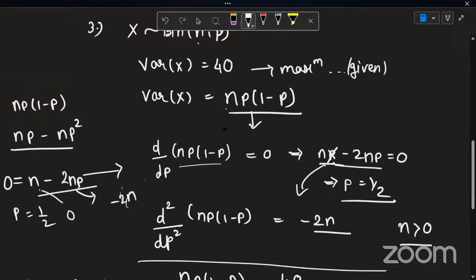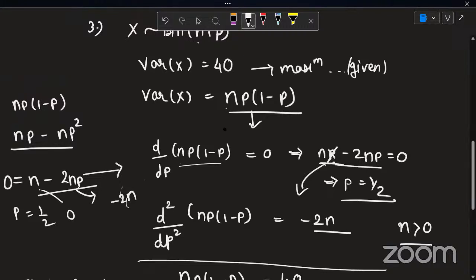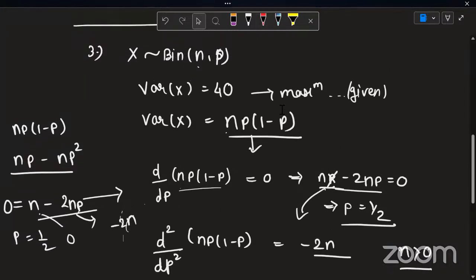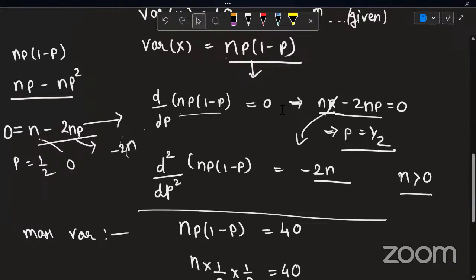If there is some kind of maxima minima problem, you should know that. For example, if variance is taken and in some question it is written that it takes a minimum value at some point and a maximum value at some point, then you should be able to find the maxima and the minima of the function.